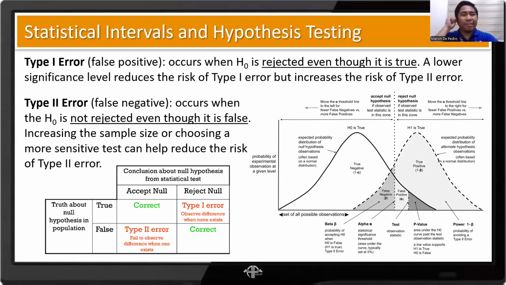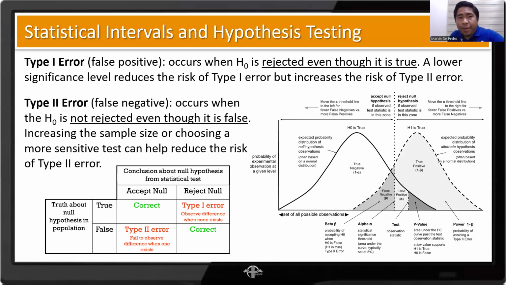Now, when it comes to estimation, we have to take note that our statistical test might commit some types of error, like the false positive or type 1 error, and the false negative or type 2 error.